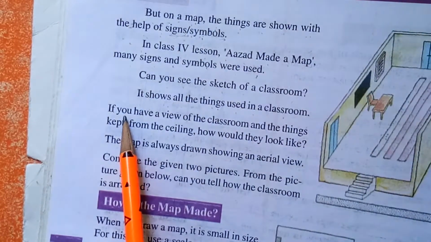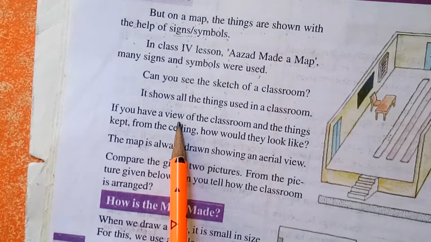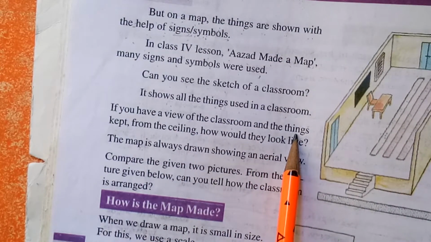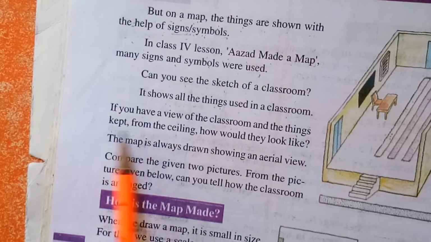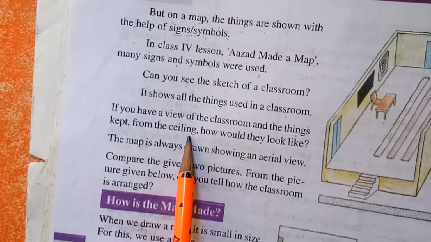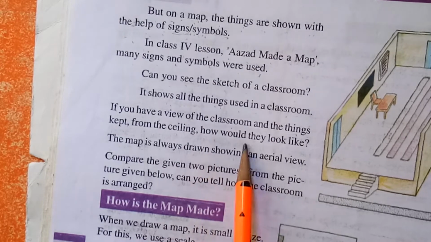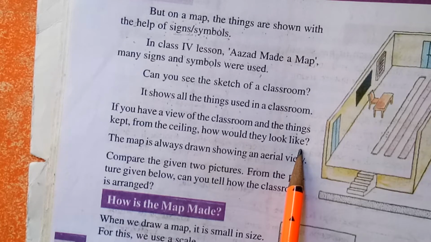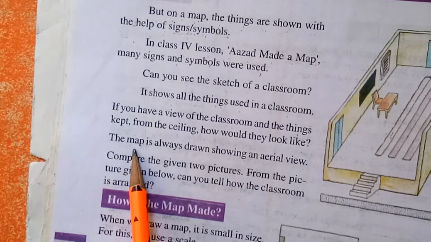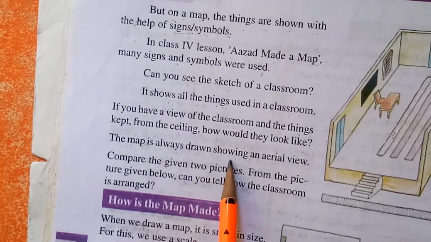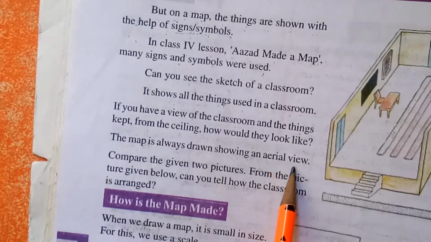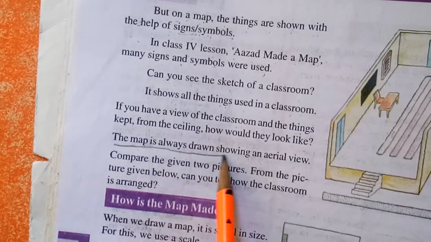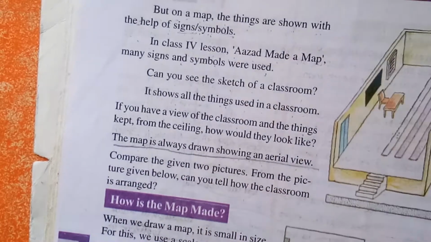If you have a view of the classroom and the things kept from the ceiling, how would they look like? The map is always drawn showing an aerial view.